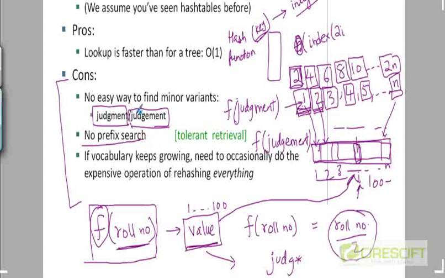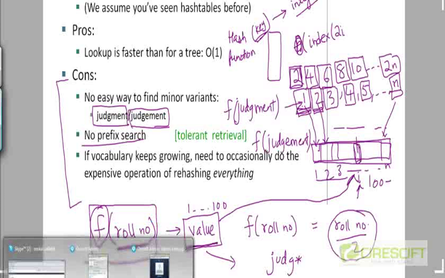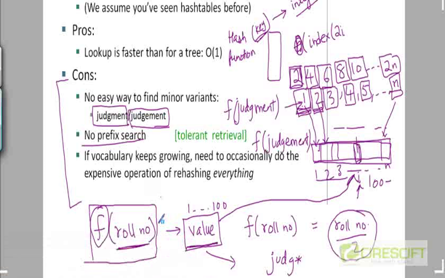You can't find minor variants of terms in a hash table. And moreover, if your vocabulary keeps growing, let's say in the context of the web, you get newer and newer terms appearing over time. What's going to happen eventually is that your hash function is going to start mapping different terms to the same value.